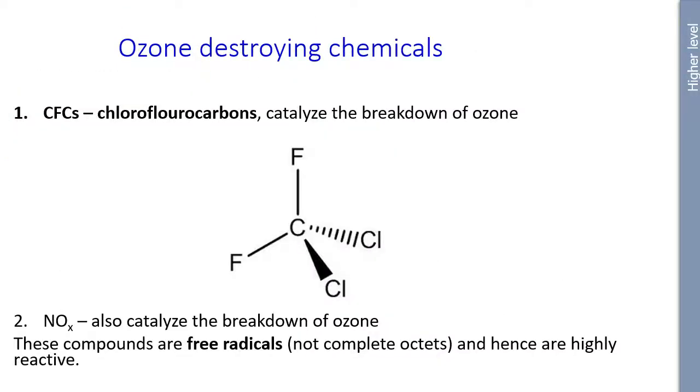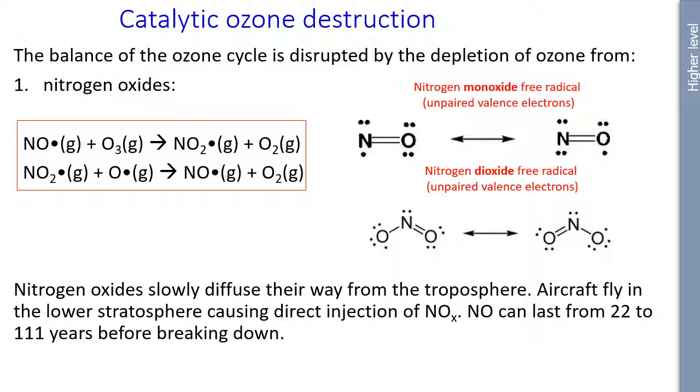So there are, of course, ozone destroying chemicals. There are CFCs, which can catalyze the breakdown of ozone, and also nitric oxides, which come from motor vehicles, especially in industry, which catalyze the breakdown of ozone. These compounds are also free radicals and have incomplete octets, and hence are highly reactive.